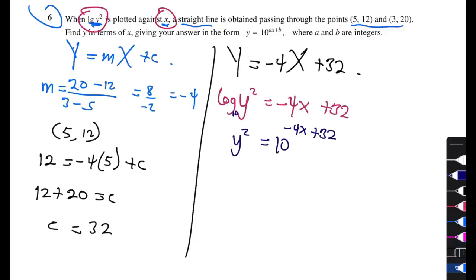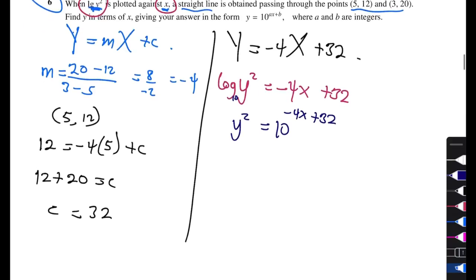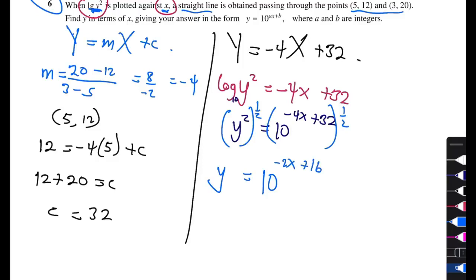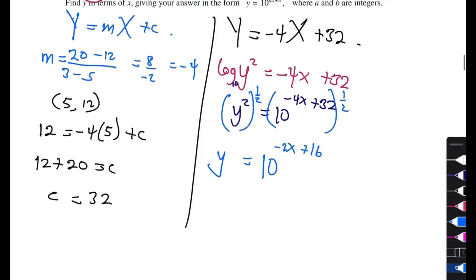Then take the square root, or raise everything to the power half. So you have y is equal to 10 raised to the power negative 2x plus 16.